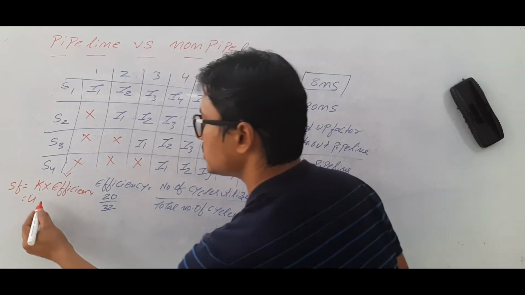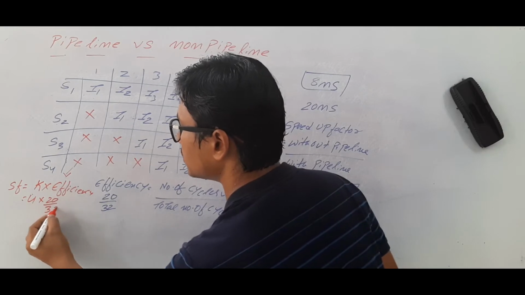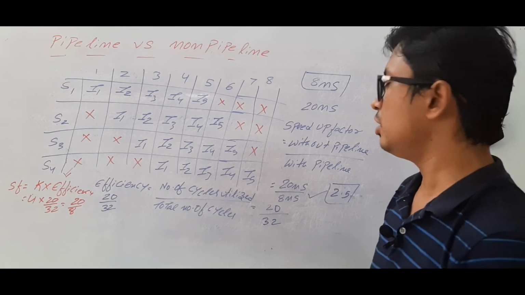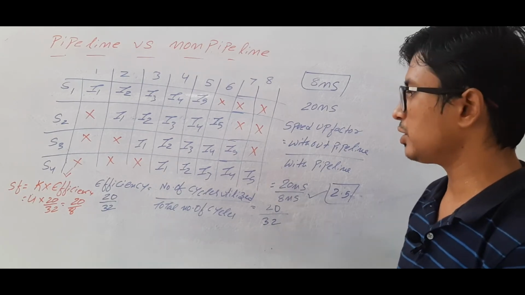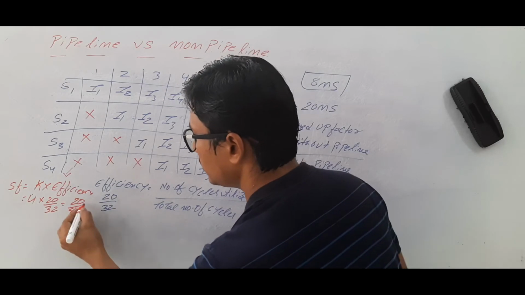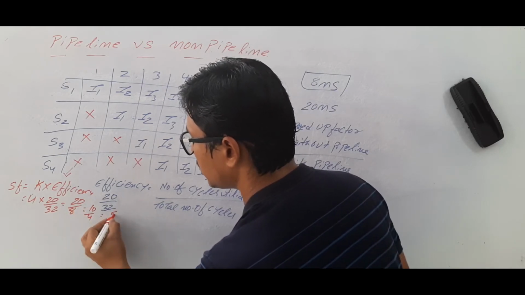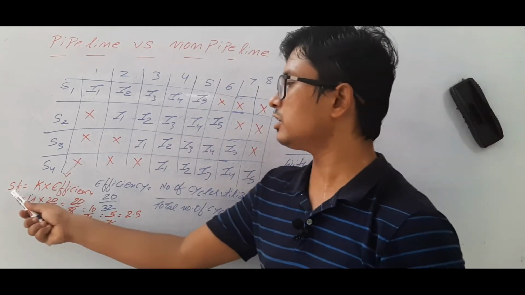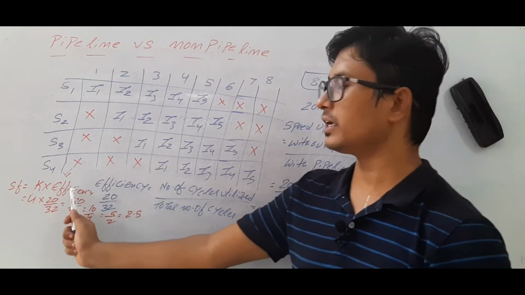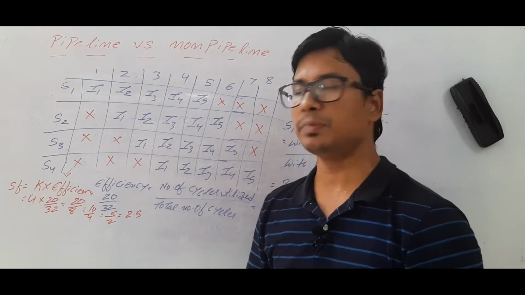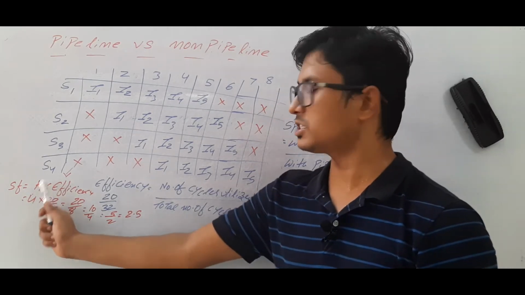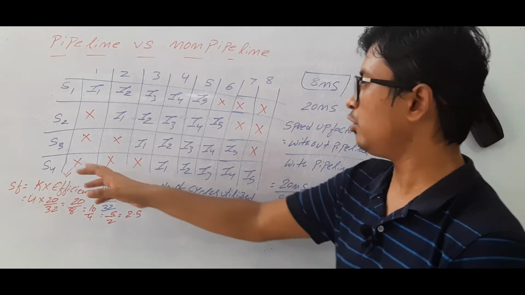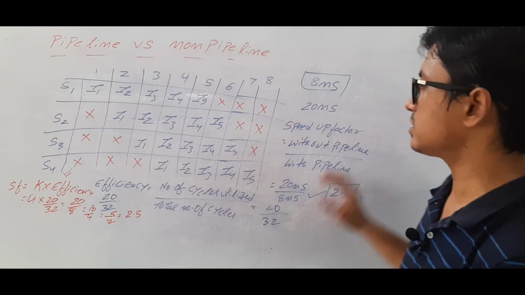What is the efficiency I got? 20 by 32. If I do it, I will get 20 by 8, which is equal to 2.5. Are you able to understand how I got 2.5? 10 by 4, which is equal to 5 by 2, which is equal to 2.5. So I can calculate the speedup factor in two ways. One is I can calculate the efficiency and multiply with the number of stages, or time taken without pipeline by with pipeline. And I hope you have understood what stall cycles are.